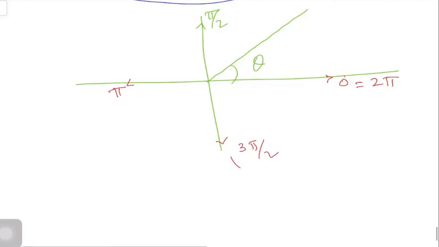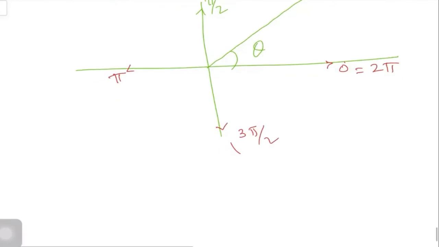So this is also important. Now for this particular angle, we can have the formula for sine of pi/2 minus theta. So we can calculate this angle.